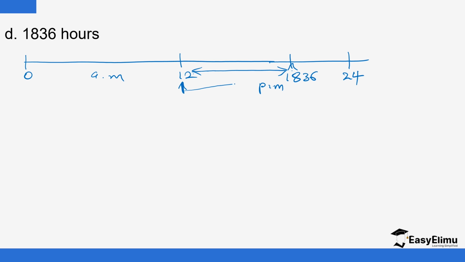So how many hours are these from 12 all the way up to 18? That is 6 hours and 36 minutes. So we write it as 6:36 PM. The only reason I'm writing it as PM is because this is falling into the second half of the day.